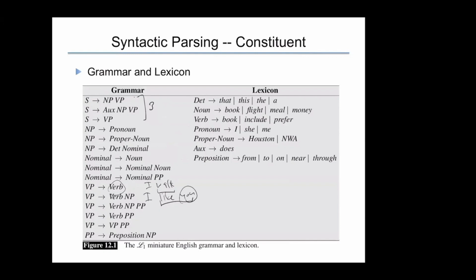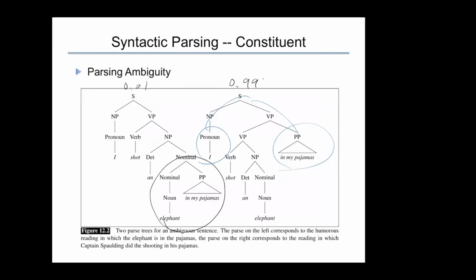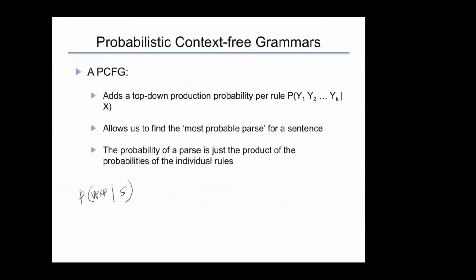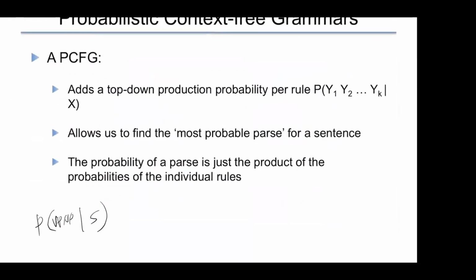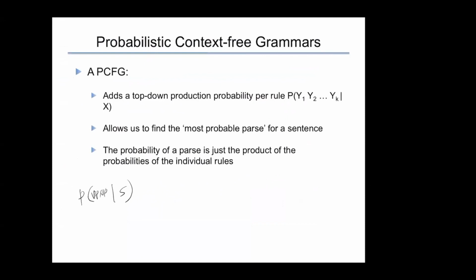If you want to do this really formally, you will have to assign a certain score for each, and the most statistical approach is counting how many times S turns into NP and VP in our training data compared to other things. So we'll be able to get those numbers if we have training data, right? So we'll be able to define these probabilities for every rule.